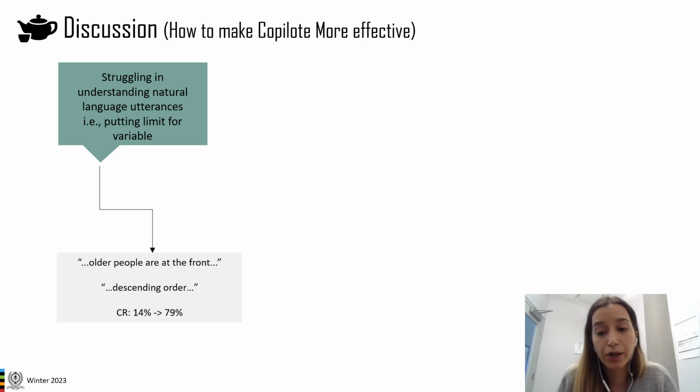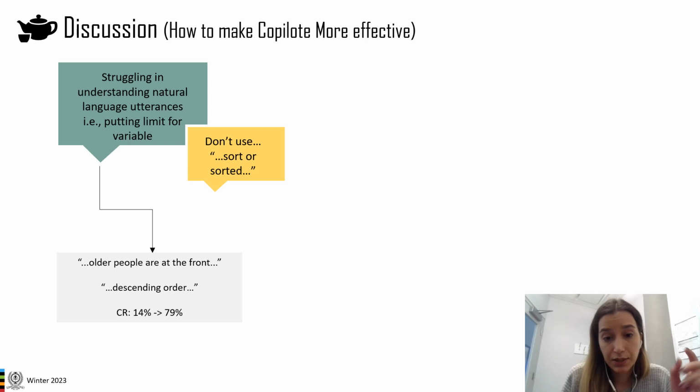The interesting part was that the correct ratio of solutions generated by Copilot increased from 40% to 79%. So if you are going to write prompts and ask Copilot to do something, it is better to use more programming keywords. That makes Copilot more responsive.